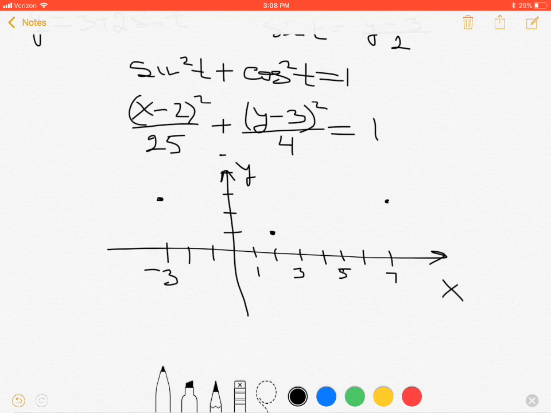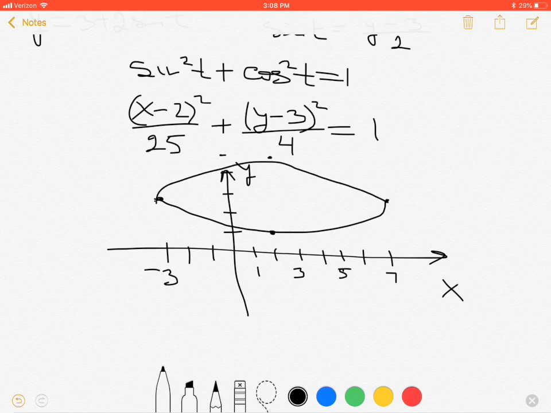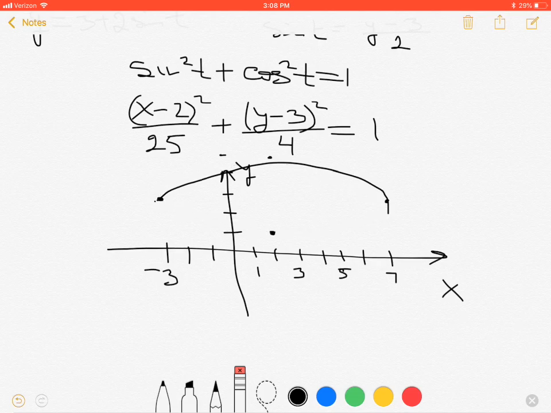I think it will be 5. Okay, and this gives us the ellipse. This will be a little bit better.